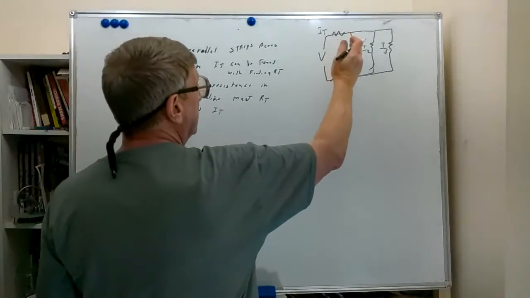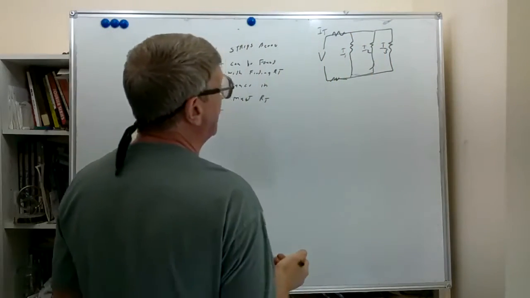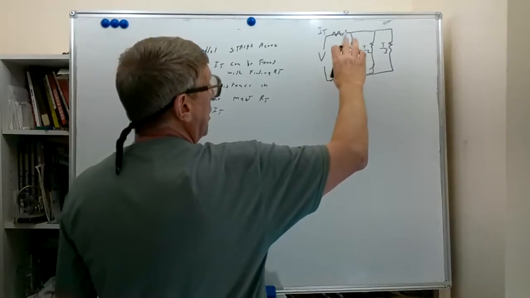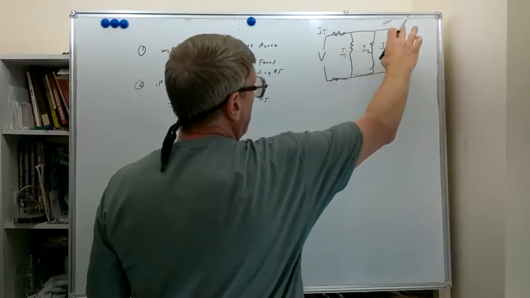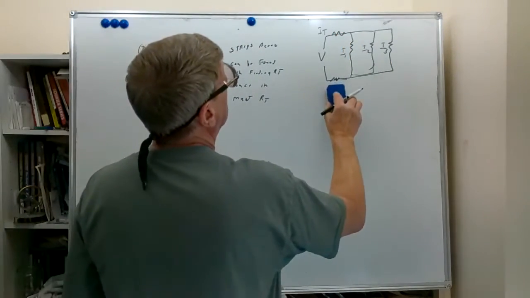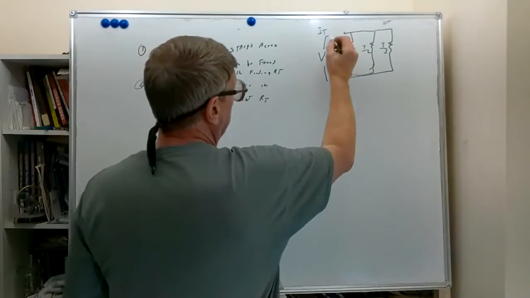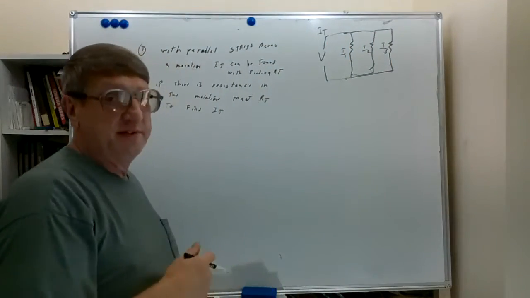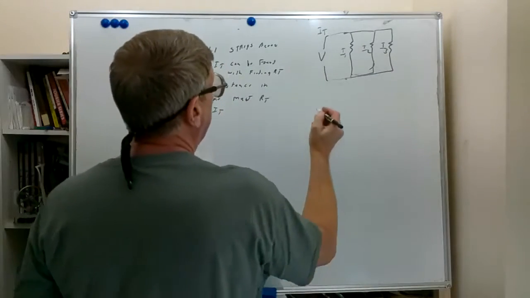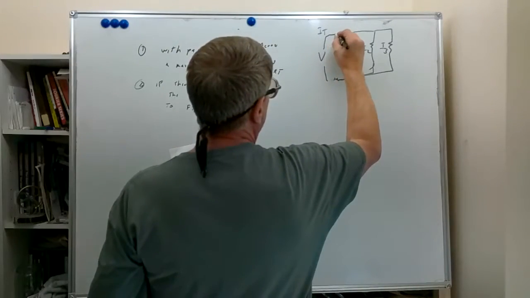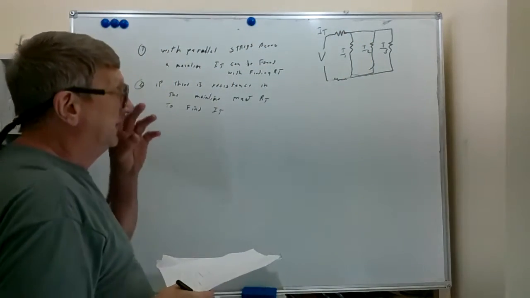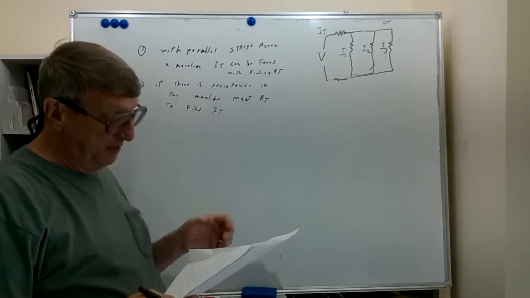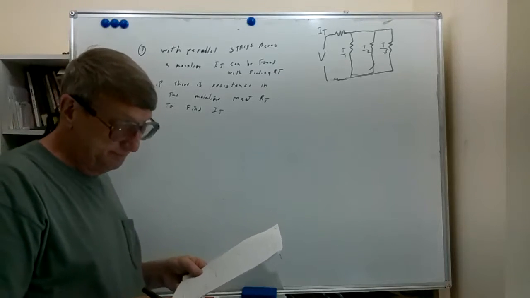We couldn't find separate branch currents and sum them together to get IT, because these resistors cause the voltage to be different across the branches than was supplied by the supply. Without those resistors, the supply voltage applies to each branch, which makes it very easy to calculate the current in that branch. But when you add the resistors, now you have to calculate RT in order to get IT and work your way through, like we just did.